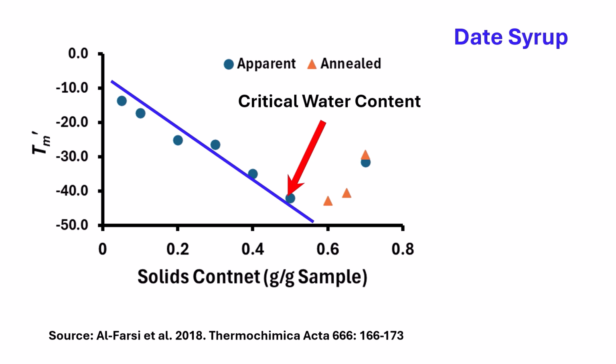In an earlier example, we observed apparent Tm' remain constant after solids content of 0.4 gram per gram sample. In this case, we could observe an even higher apparent Tm' after solids content 0.50 gram per gram sample. It is clear the equilibrium process could not be achieved.